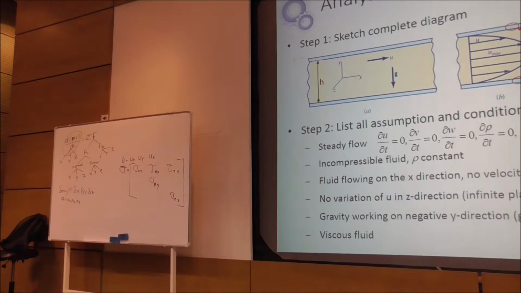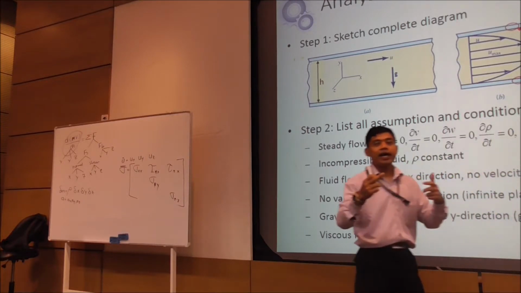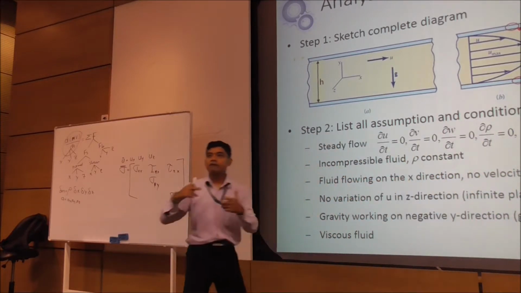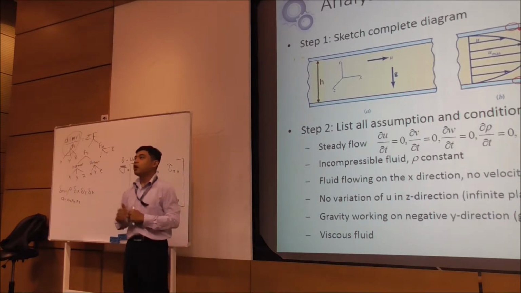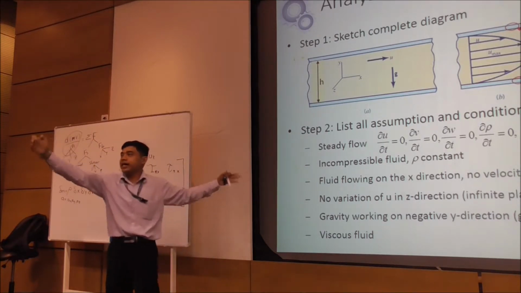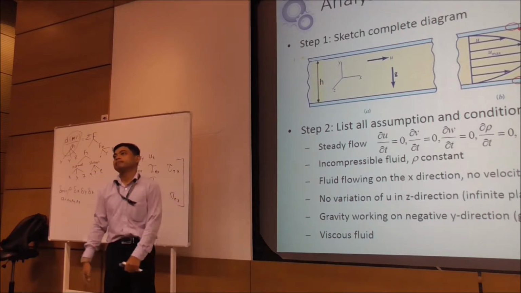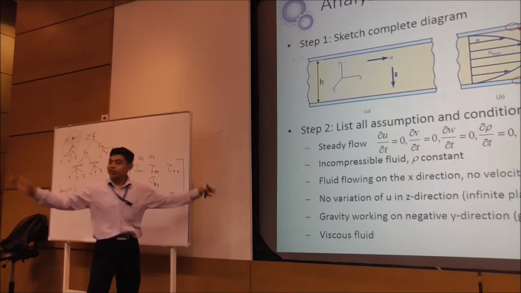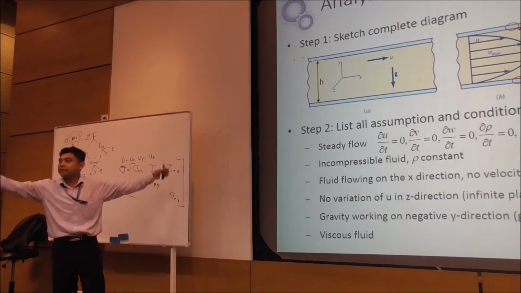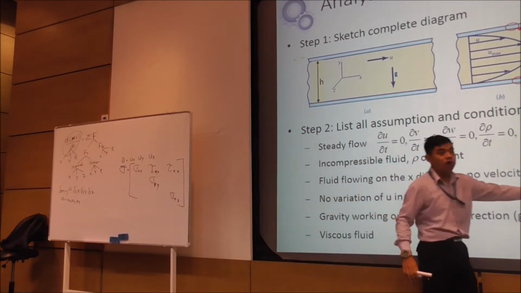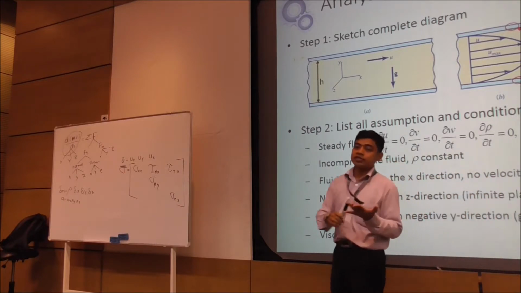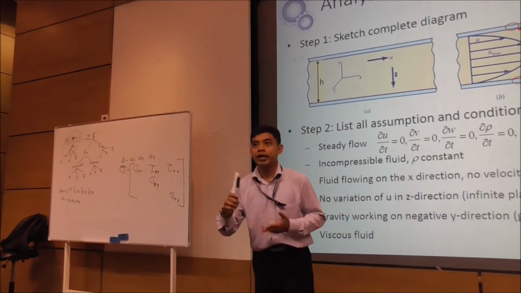We march together. So in this case, u is not a function of z because of the infinite length. Clear? Okay, so that happened because you don't have the side wall. So now u is only a function of x and y. We will keep that.